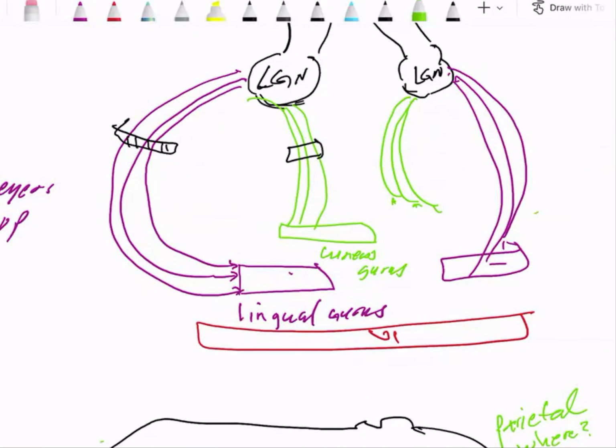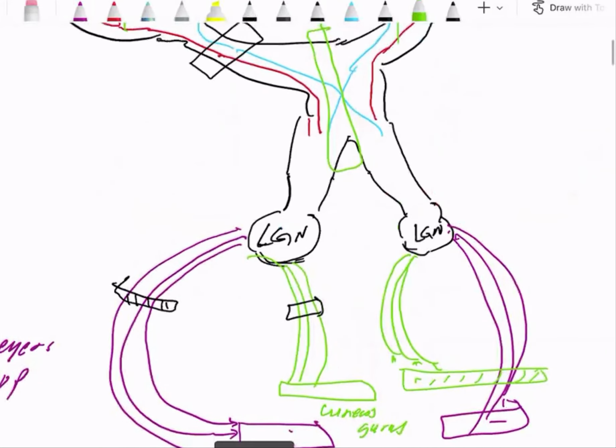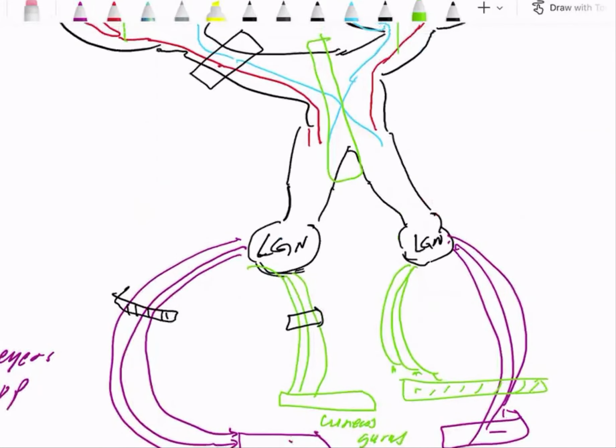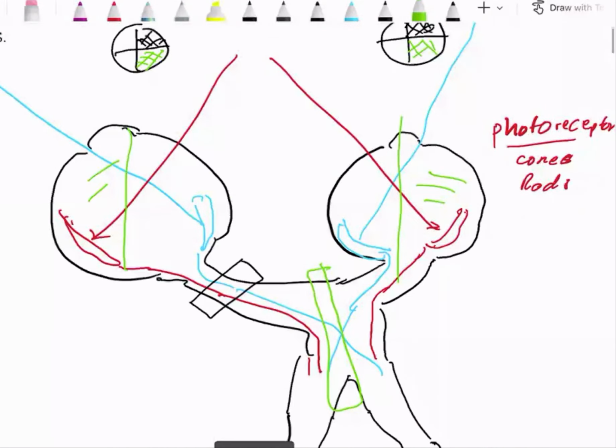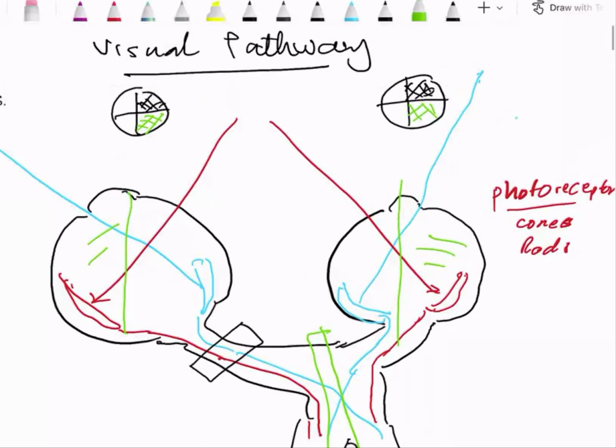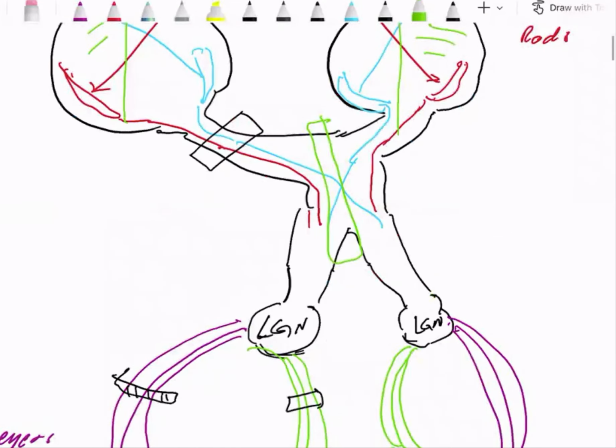If we are having a problem with the whole radiation on one side, for example, this is the right side, you are going to end up having left homonymous hemianopsia with macula sparing because of the dual blood supply to the macula.